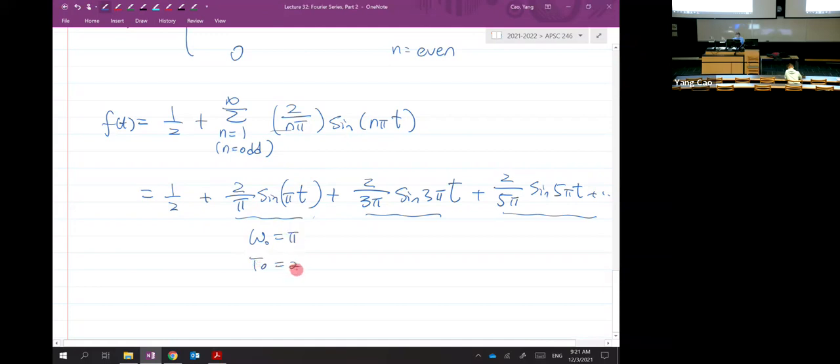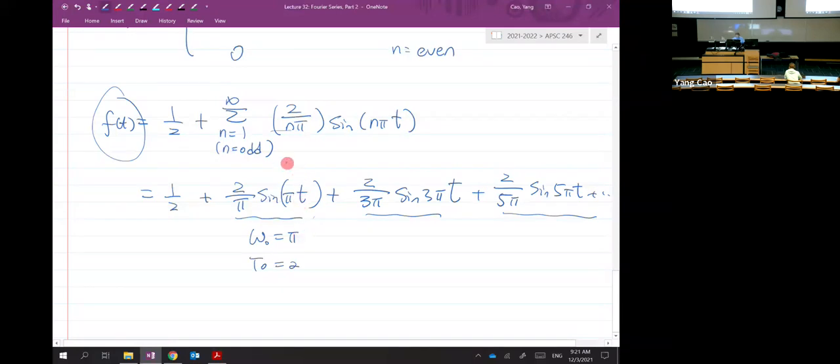So the first term, technically, if you go back to your periodic function, what is the period of this periodic function? Go back to this question. 2. And what is the frequency of the periodic function? Pi.